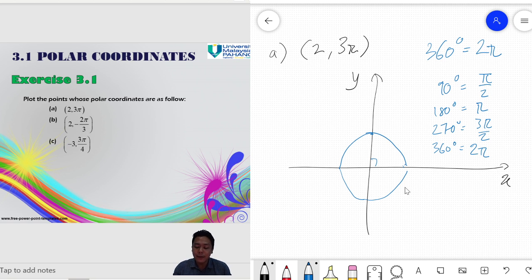But again, if you cannot master the readings in radians, that's fine. You can just simply convert it. So let's try to convert it.